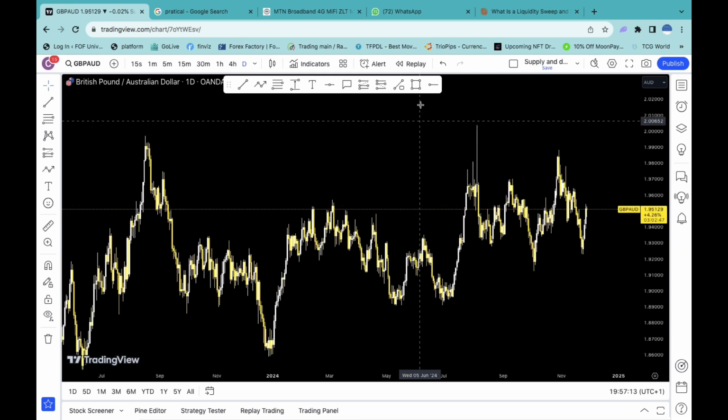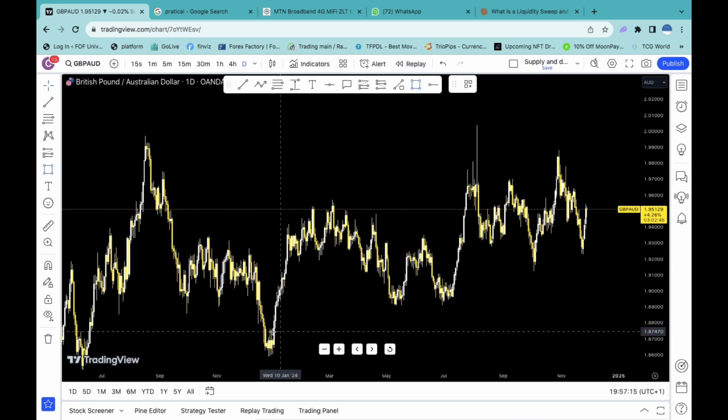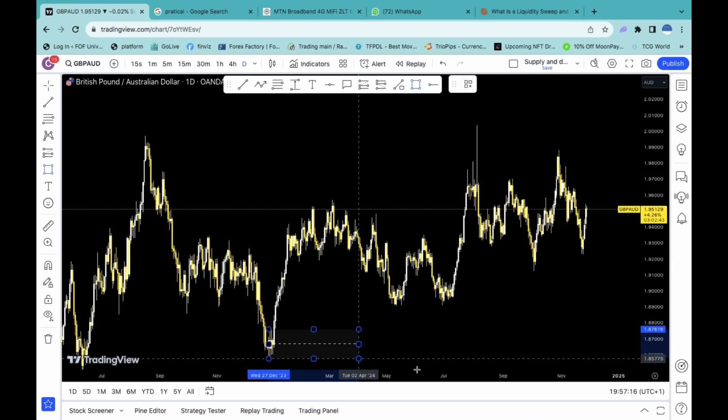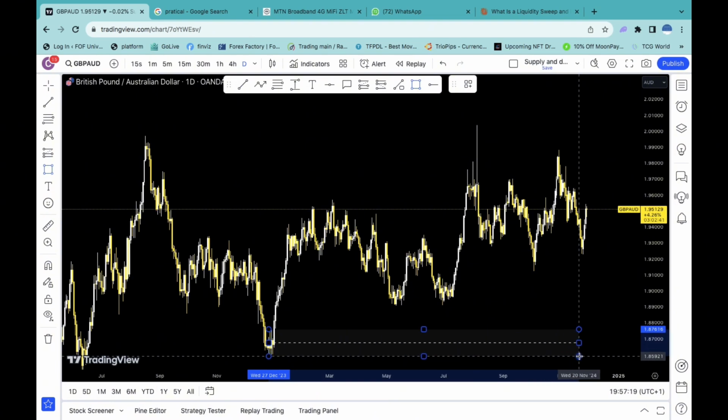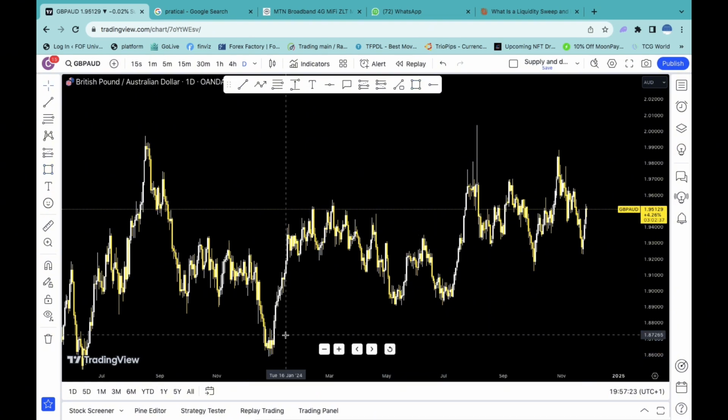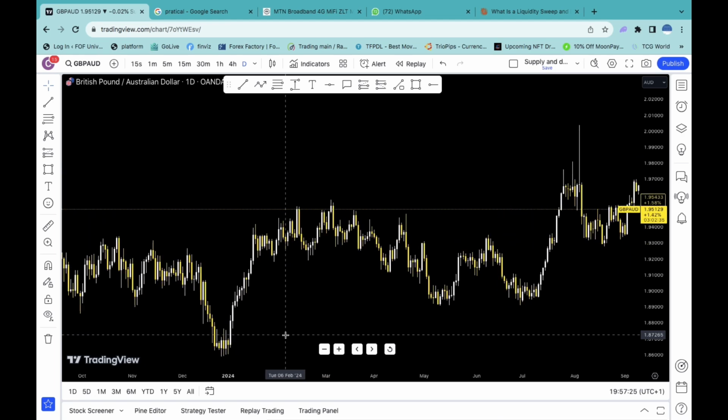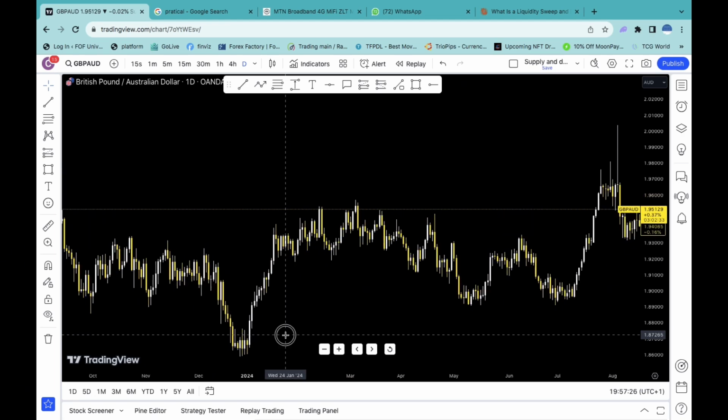Now, identifying POIs on a daily time frame, a lot of traders will want to identify the whole range area as a POI. This is correct, I do that also, but I prefer using body and wick as my POIs.